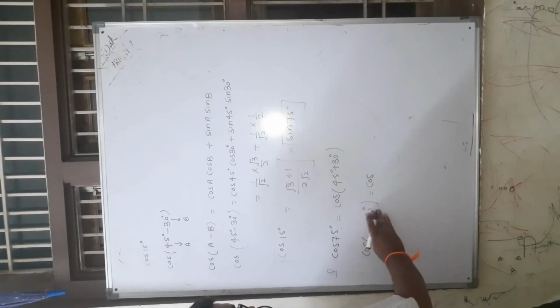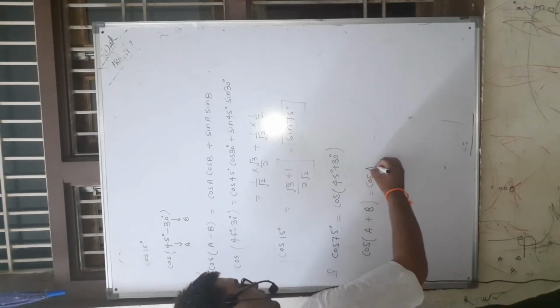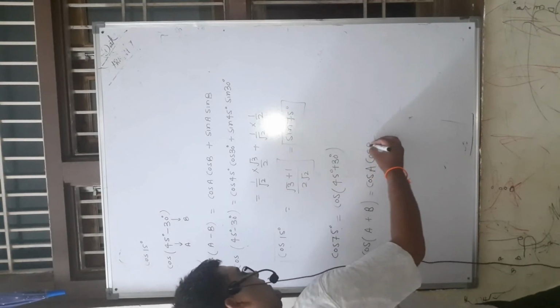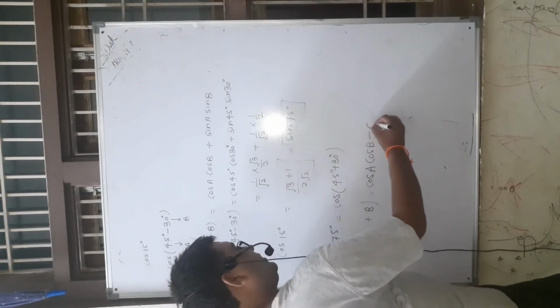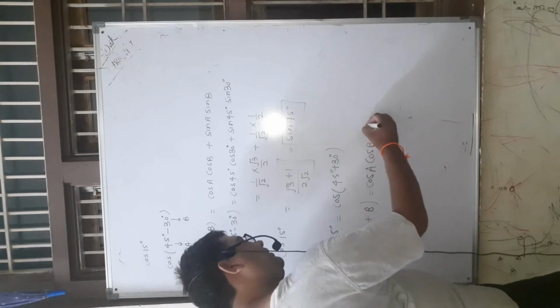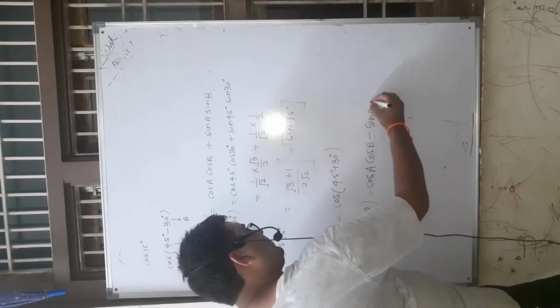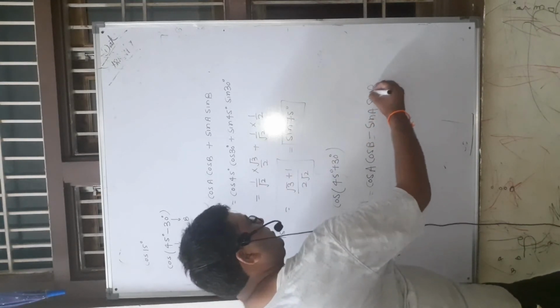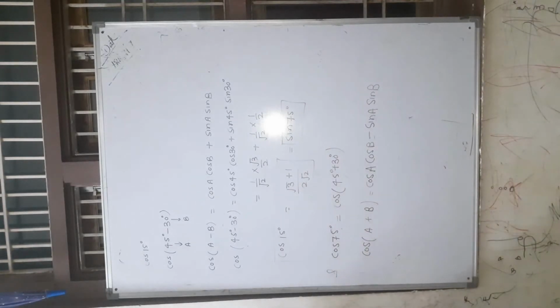What will be the basic formula for cos A plus B? As we know, cos(A plus B) equals cos A cos B, here positive, here negative, minus sin A sin B. So cos A plus B and cos A minus B. Here A is 45 degree and B is 30 degree.